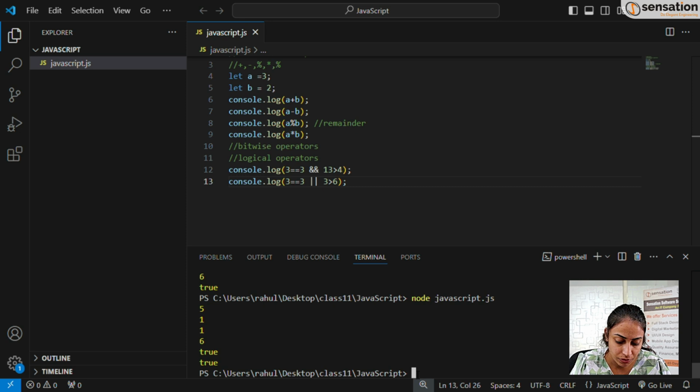We have true. For the and condition, both conditions should be true, and in the case of or, either one of the conditions should be true.